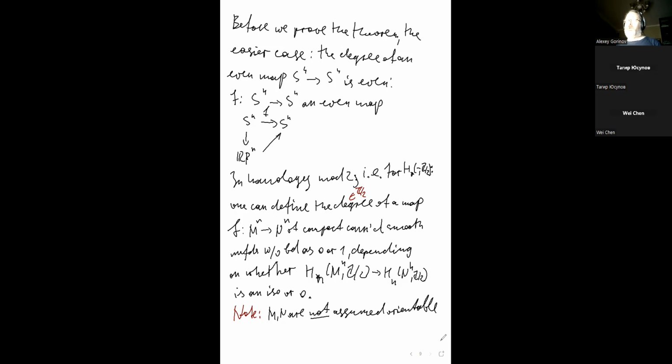The difference between integral homology and homology mod 2 is that for homology mod 2, all manifolds are orientable.